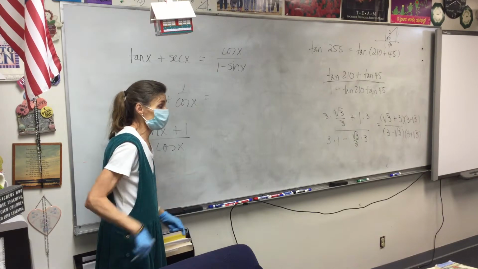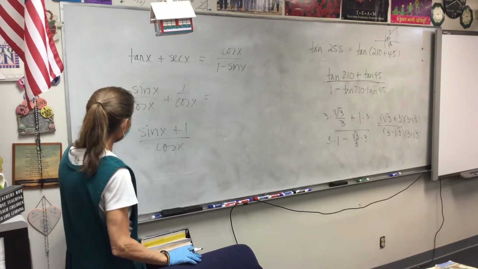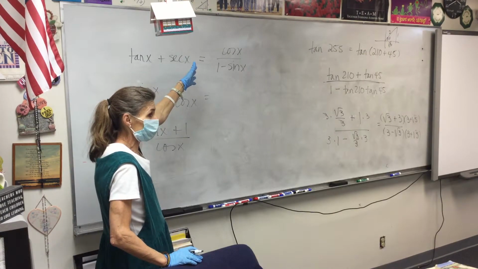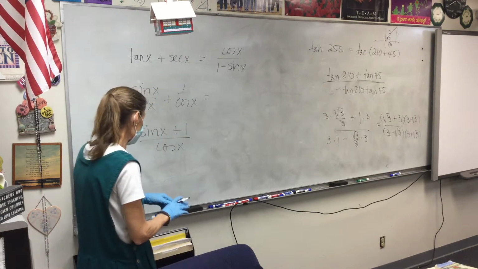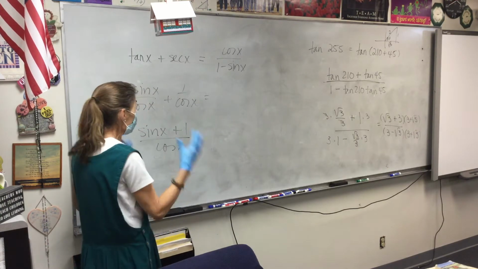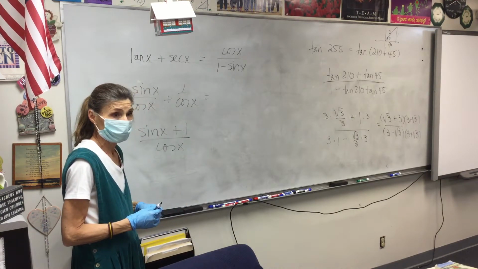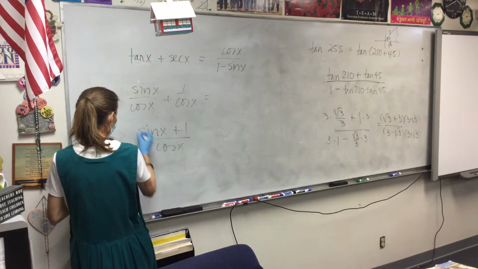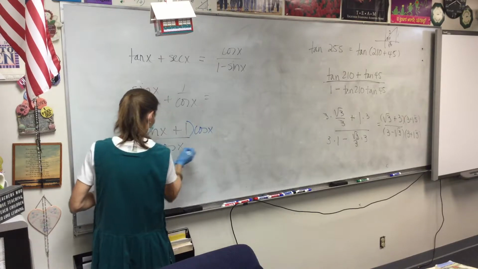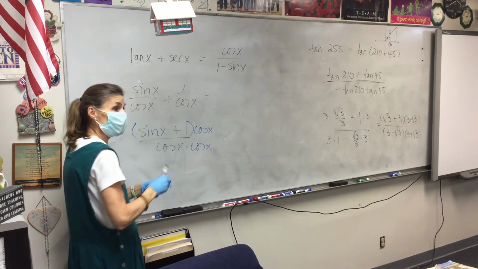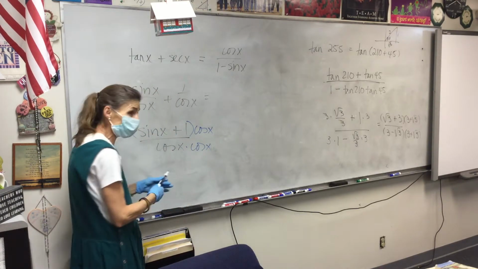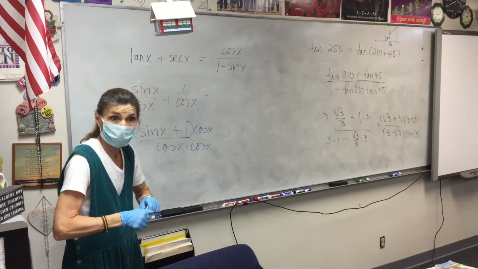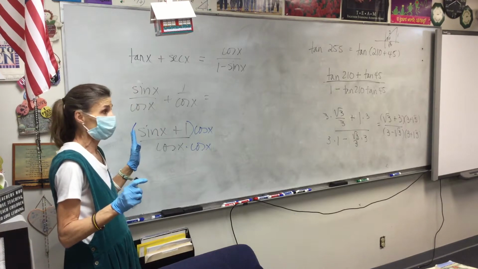So at this point, I'm going to stand back, look at what I have, look at what I want, and I'm going to say, I have to have a cosine in the numerator. I have to end up with a cosine in the numerator. So by golly, I'm just going to put 1 in there. Now, is that legit? Absolutely, as long as I also put 1 in the denominator. It's completely okay.